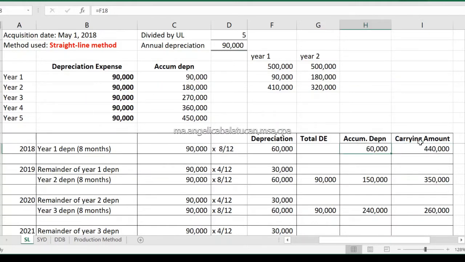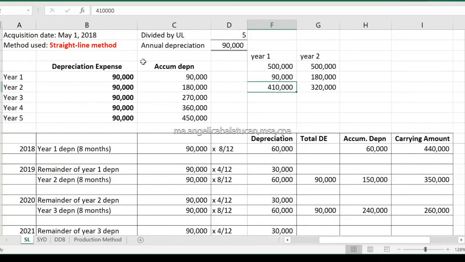Again, that's 500,000 minus 60,000. You may ask, why is it different from the one you computed earlier? This carrying amount would be the carrying amount if your asset was acquired exactly on January 1 or January 2, or at the start of the year, because you will have a full depreciation from January until December 31.